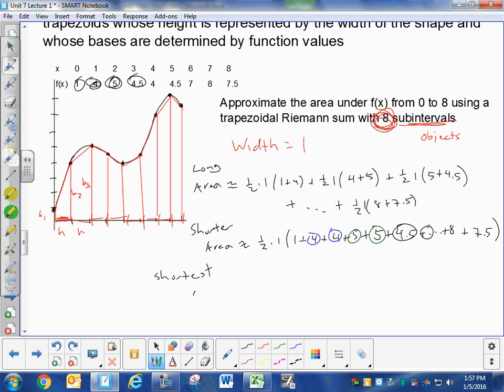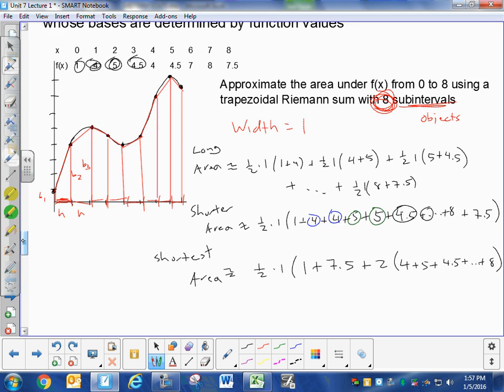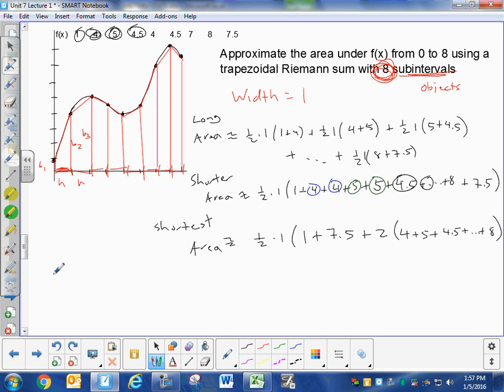So watch what I can do. I can just take 1/2 my consistent widths, which are my heights, take the sum of my first plus my last, and then double the sum of my middle numbers.